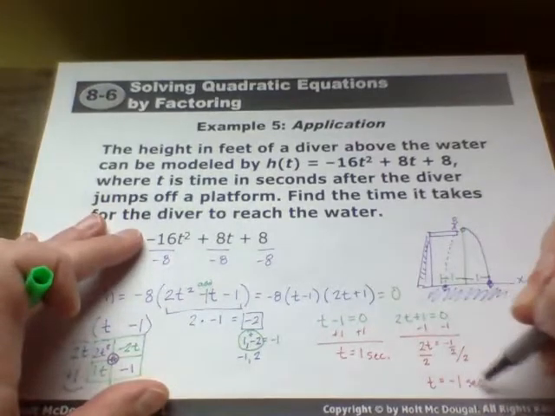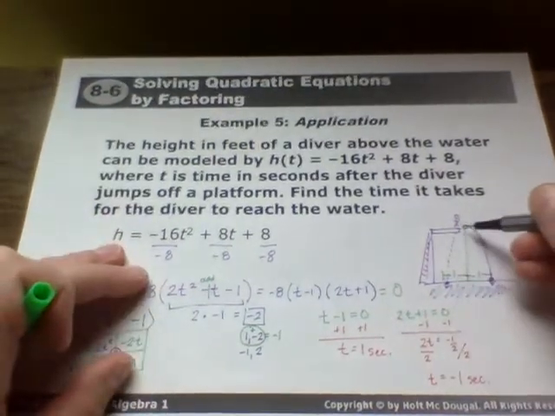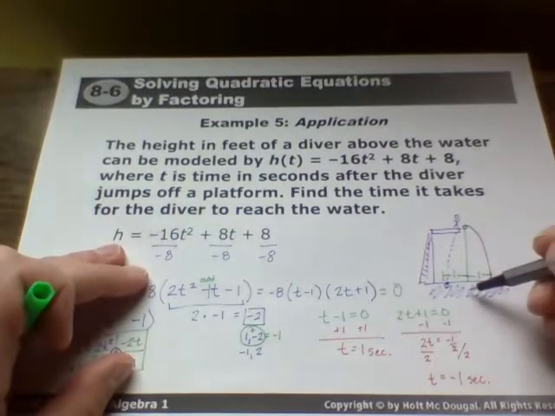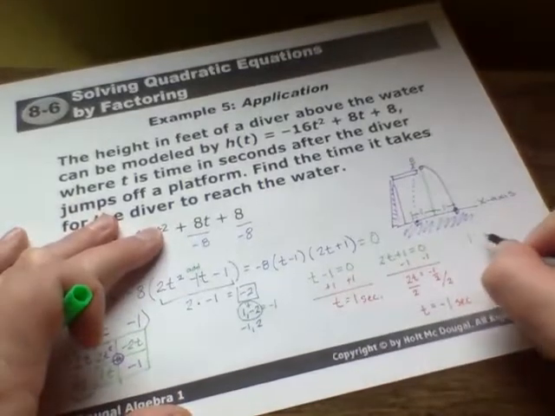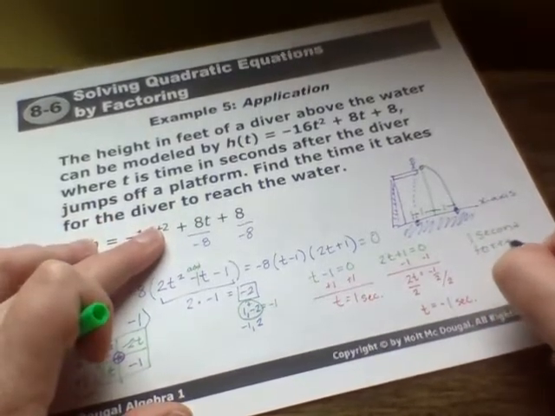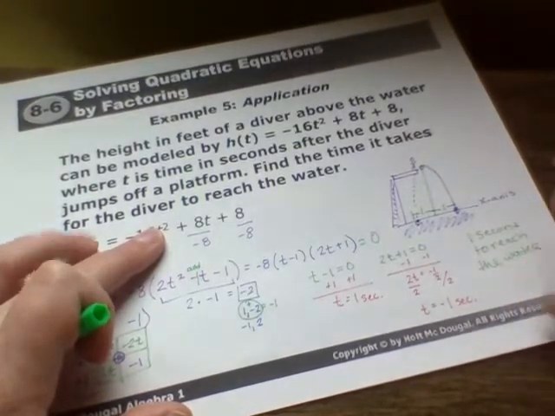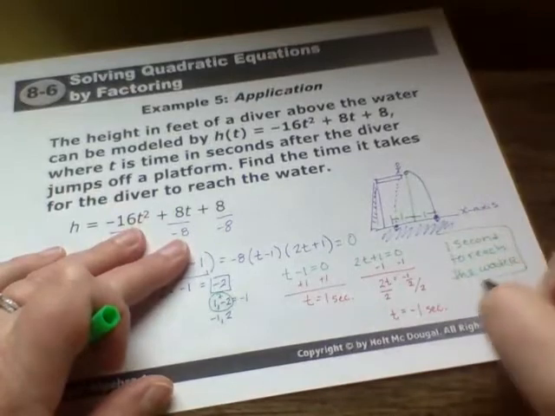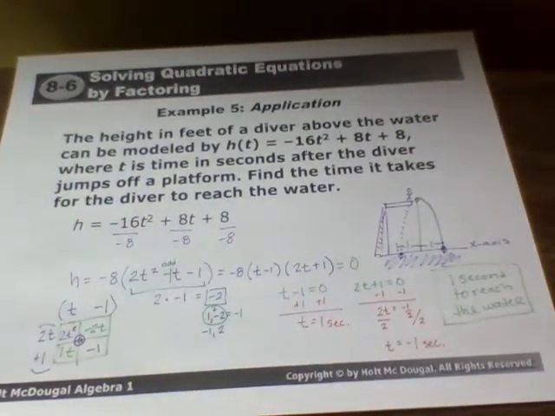And so in that case, we are not, of course, going to say that it's going to take him 2 seconds. No, he starts at the top, and so it's actually only taking the 1 second time to get there. So turns out that it is going to take 1 second to reach the water. Clearly not how it works in real life, but of course we wanted to have nice whole numbers for this problem. So that is your 1 second answer.